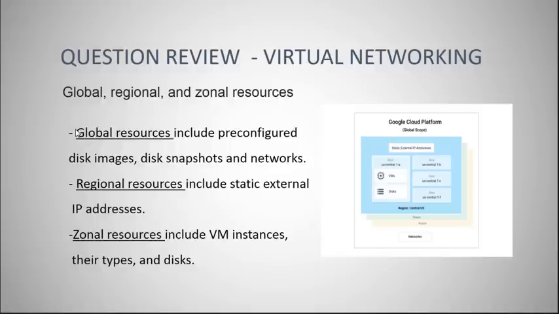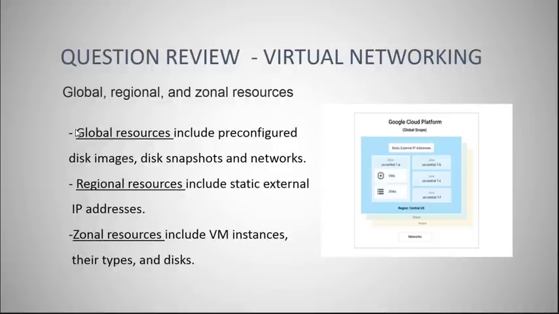Regional is typically going to be a static external IP address in a lot of cases. A zonal resource is going to be a virtual machine. A zonal resource is going to be in that zone only. If you're running that virtual machine in Council Bluffs, it's in Council Bluffs. That virtual machine isn't going to run in Ashburn, Virginia.